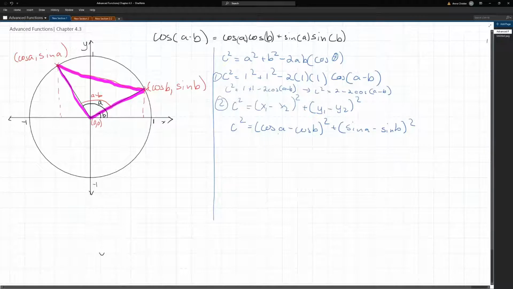Now let's equate this and this. That's personally how I like to put my final steps. So 2 minus 2 cos A minus B is equal to cos A minus cos B squared plus sine A minus sine B squared.